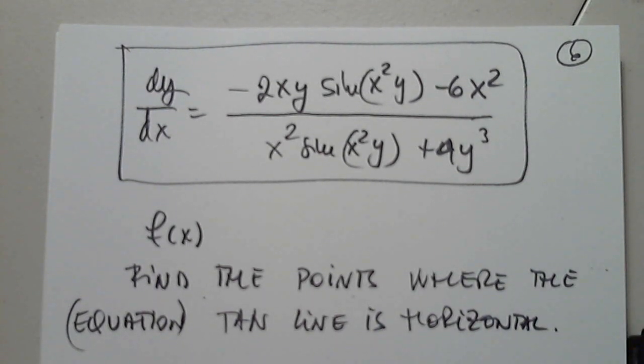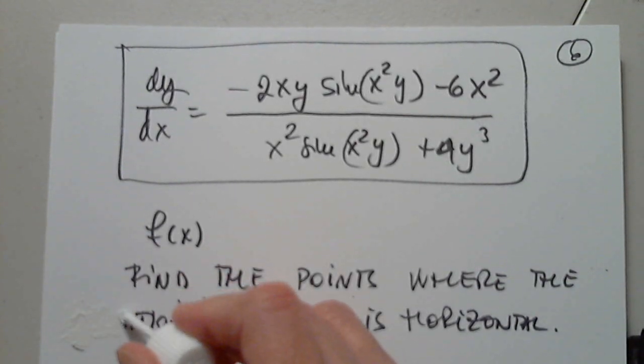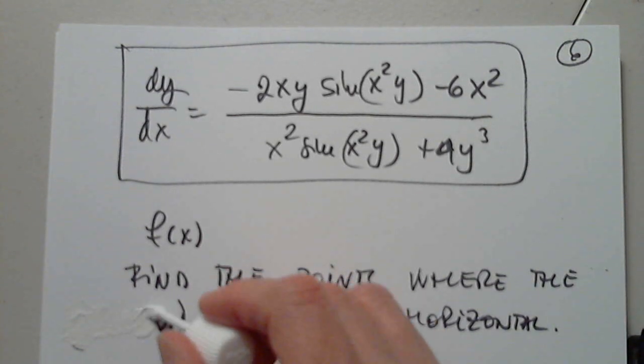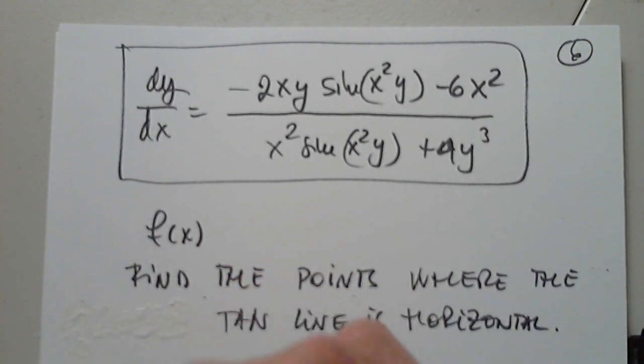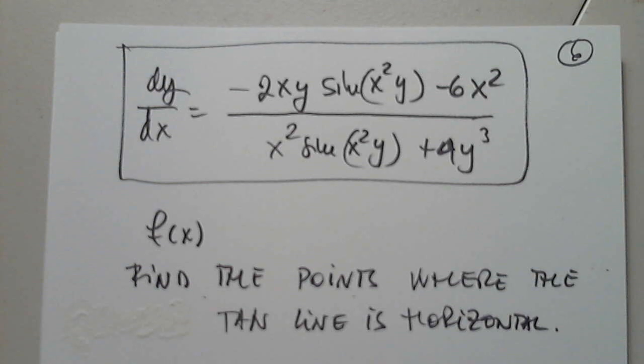Find the points on the graph of this function that you're going to give me where the tangent line is horizontal. Can anyone give us a function? Can anyone give us a function, please? Any function.